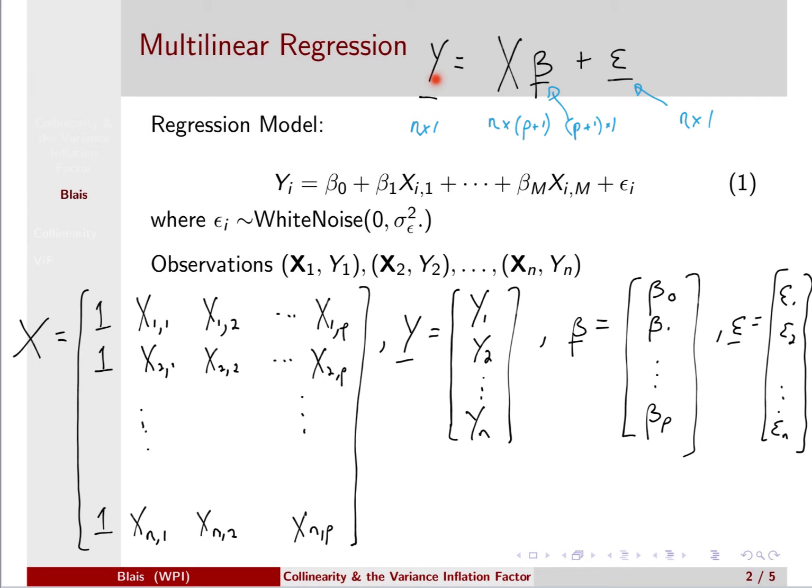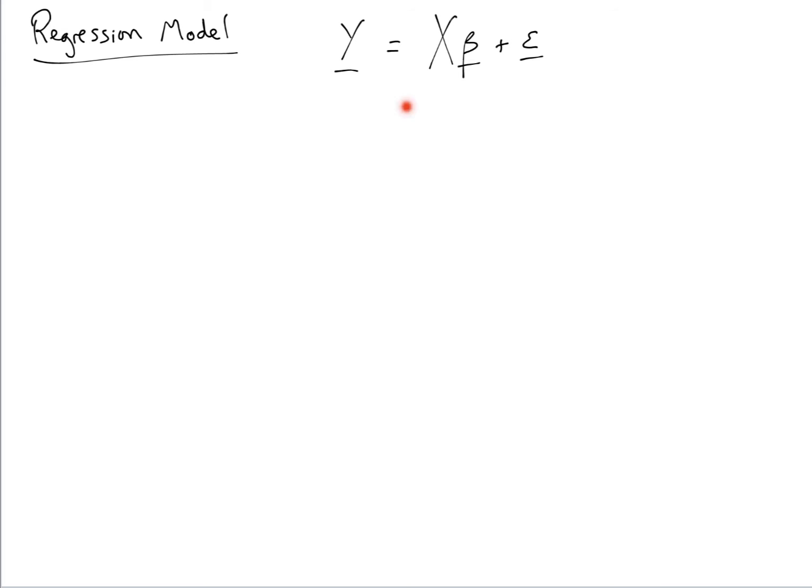So the ith entry of y will be the ith row of X dot product with beta plus epsilon i, which is exactly what we have here. So this equation captures our entire regression model for all of the observations. So we now have this.